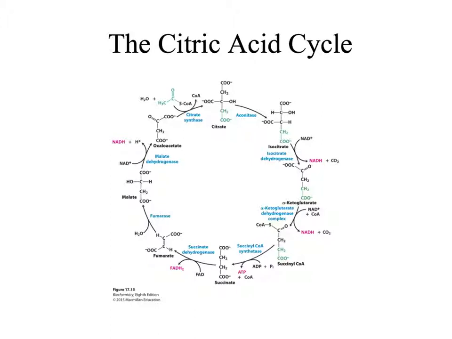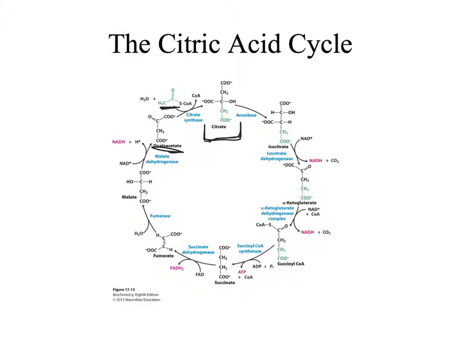Again, we won't so much focus on the mechanisms that are involved in controlling each of these enzymes, though. So we have the oxaloacetate, which is going to interact with that acetyl portion of the acetyl-CoA, and we produce citrate here.